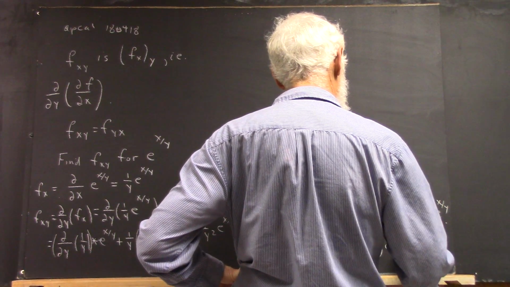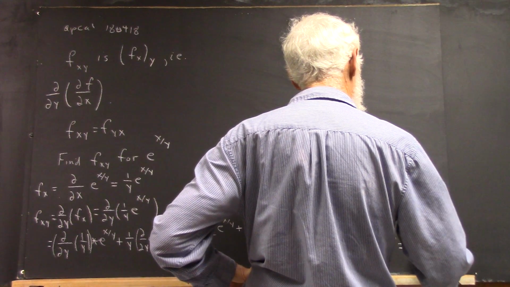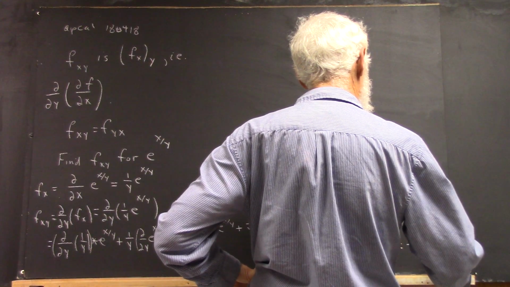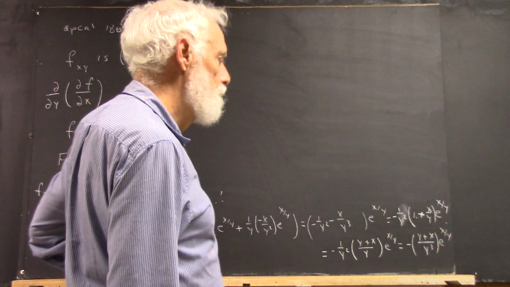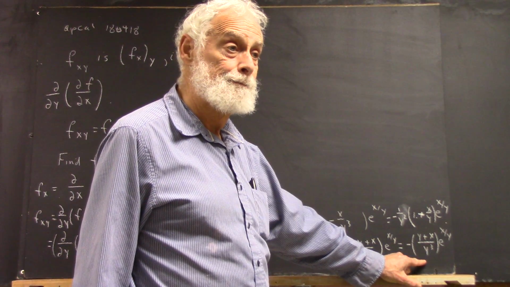And that just becomes negative y plus x over y cubed, e to the x over y, which is the simplified form I think you'd be most likely to see.